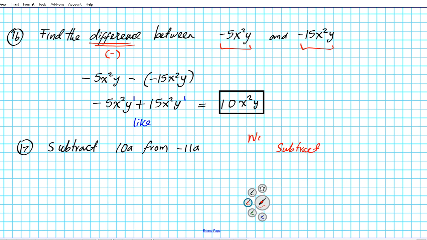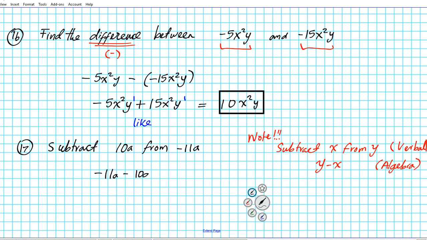If you subtract x from y, that's the verbal format; in algebraic format, it's going to be y minus x. So just keep that in mind. The way it's written is the reverse of how it's written algebraically. So if you're subtracting 10a from negative 11a, algebraically it is written as negative 11a minus 10a.